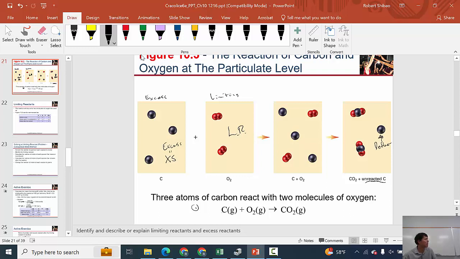And so the smaller amount will win. The smaller amount will be 2, and that will be our theoretical yield. Our theoretical yield will not be 3 because we don't have enough wheels or oxygen atoms to build that.